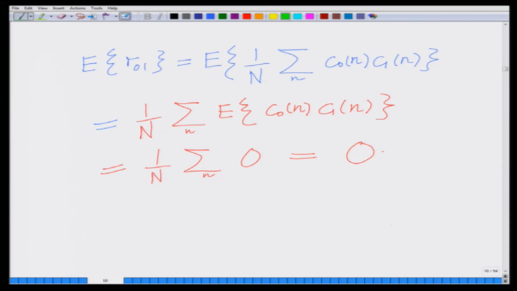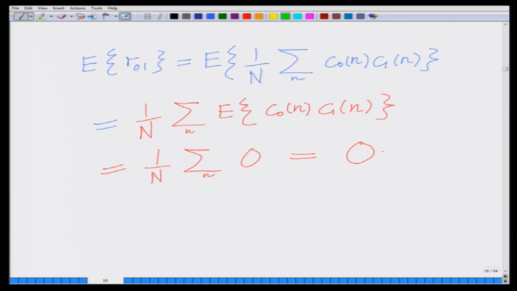So, what we have seen is that the expected value of R 0 1, which can be thought of as the cross correlation between the chip sequences c naught n and c 1 n belonging to user 0 and 1 respectively, is 0.